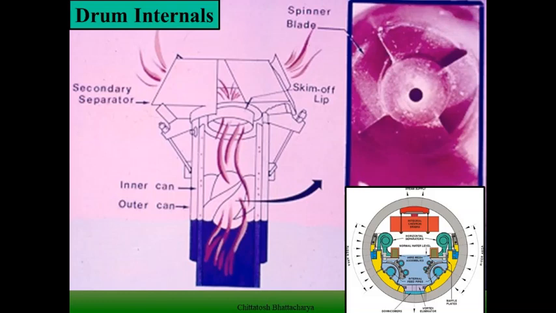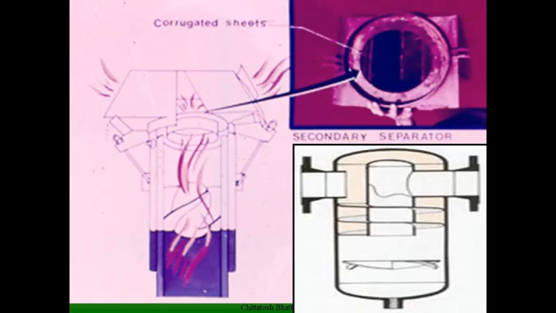As a result, due to the heavier mass of the water particles, they get separated and steam passes out through the secondary separators. After that, they are passed through screen dryers.